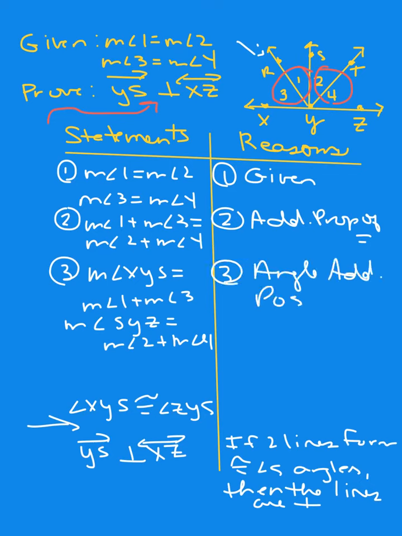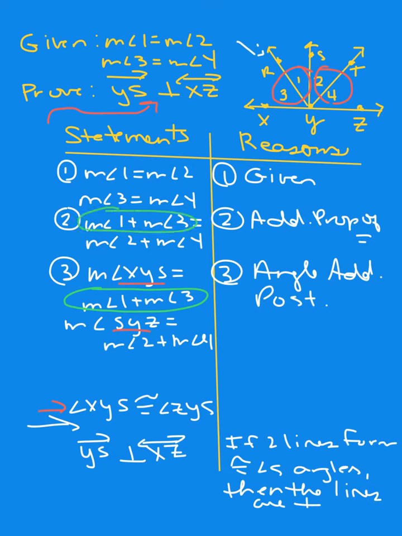Now I'm getting closer because now I see the angles I'm trying to get to. I have angle SYZ here, and I also have XYS here, and that's where I'm trying to go down here. So I'm getting closer. Now if you look at steps 2 and 3, I have two different equalities, and I have the measure of angles 1 and 3 combined, and I say they're equal on one side.